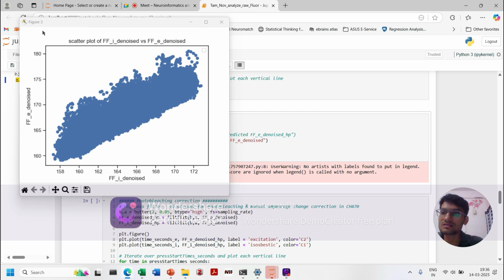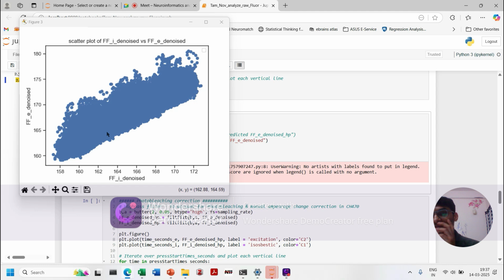If you see this particular plot, it says that there is a clear positive relation between the isosbestic FFI, which is denoised, and FFE, the denoised excitation. So it means that not most of our signal, but at least a part of it is correlated with isosbestic, and we can predict some part of the excitation signal using our isosbestic signal.